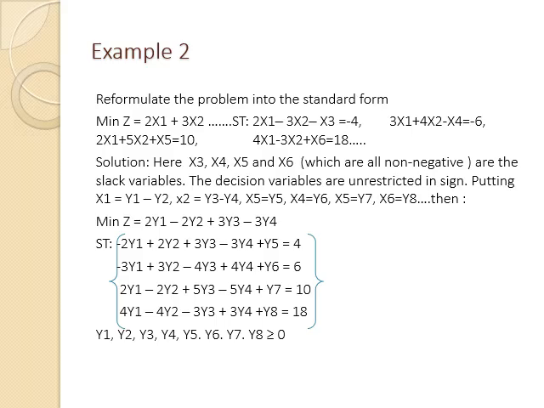Solution. Here x3, x4, x5 and x6, which are all non-negative, are the slack variables. The decision variables are unrestricted in sign.